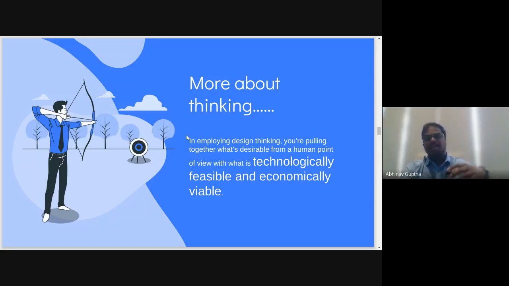Human need might be completely different. Like Elon Musk wants to create a Mars colony, but is it technologically feasible now? Economically viable right now? The answer is 50-50. He's trying to create that technological feasibility and economic viability now, right?